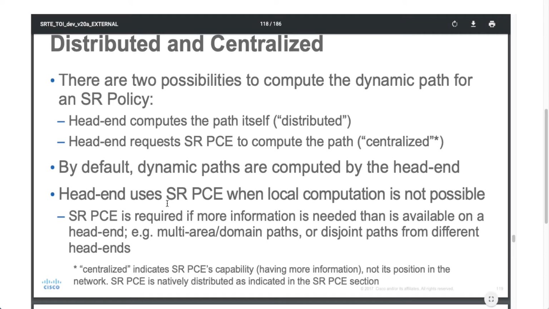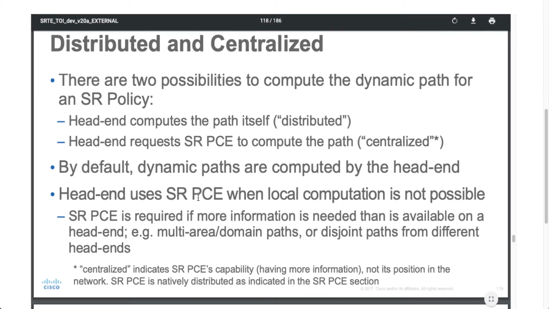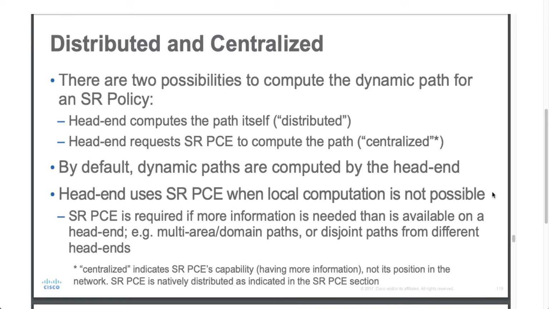The head end uses SR-PCE, which is a dedicated router, when local computation is not possible for whatever reason. If the head end is not able to compute a path itself, it can get the help of a dedicated router acting as an SR-PCE, or it can always ask SR-PCE to help compute a path from a given source to a given destination.